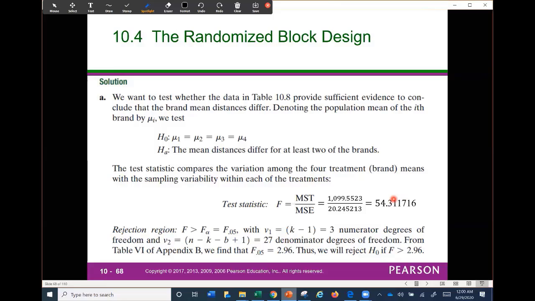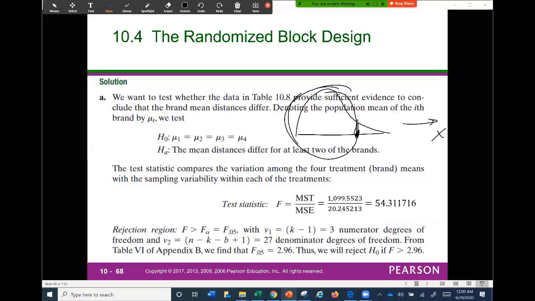Remember, our expectation follows this distribution, and 2.96 is here, and 54 was located far away from my expectation. Most of the values, 95% of them, will be smaller than 2.96, smaller than 3. This value rejects the assumption because this distribution is obtained when we assume that all means are equal.